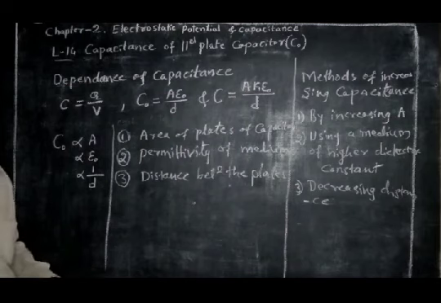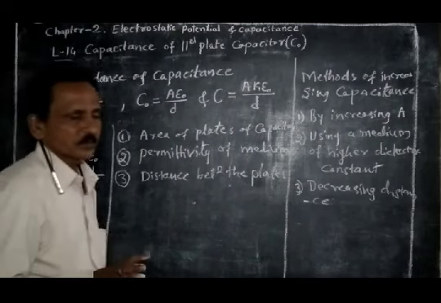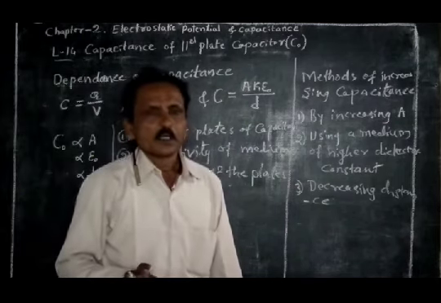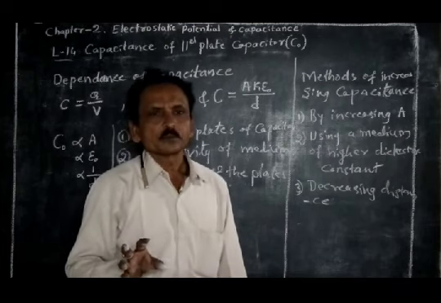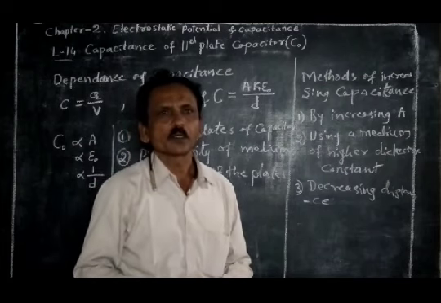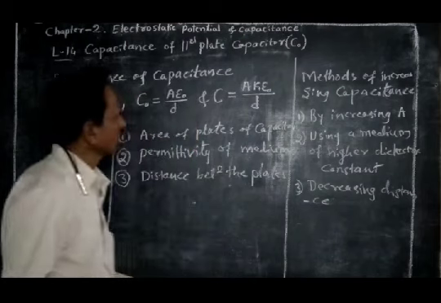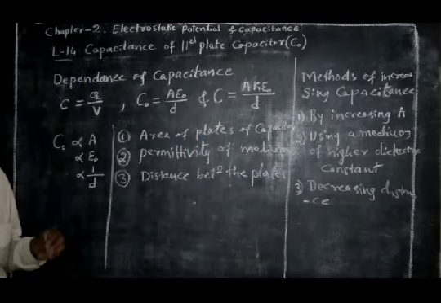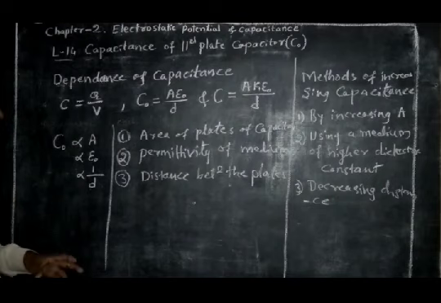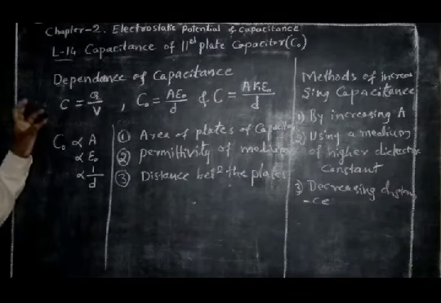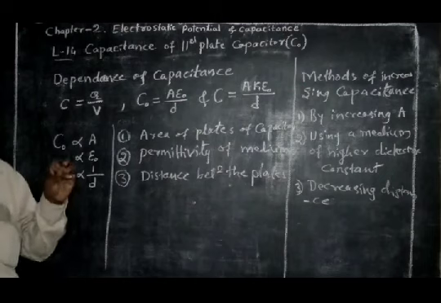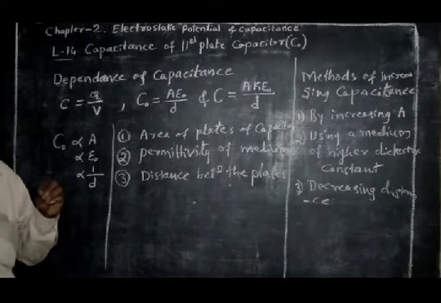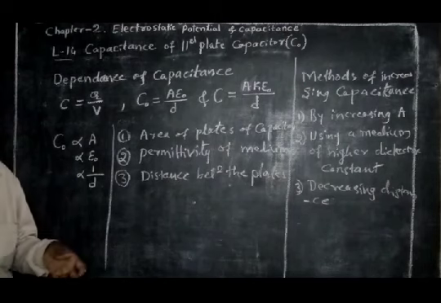In this session, for 5 marks, derive an expression for capacitance of parallel plate capacitor with air or vacuum, or derive an expression for capacitance of parallel plate capacitor with a dielectric medium.